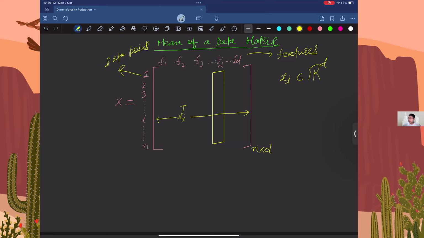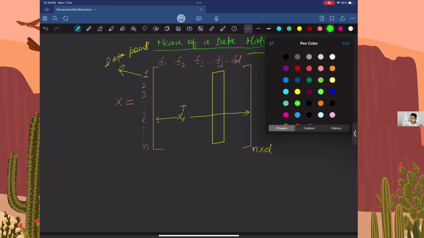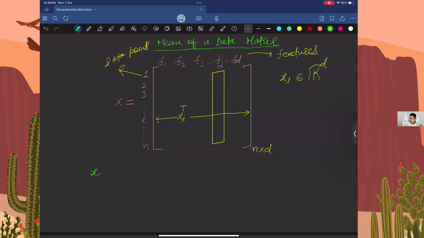For that, let's understand this with two vectors. Let's suppose I have two vectors, and I'm calling the first one x1 and the second one x2.